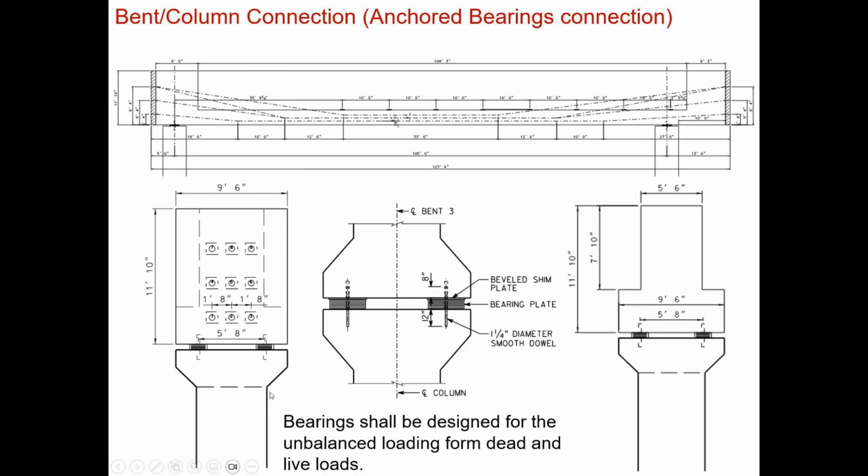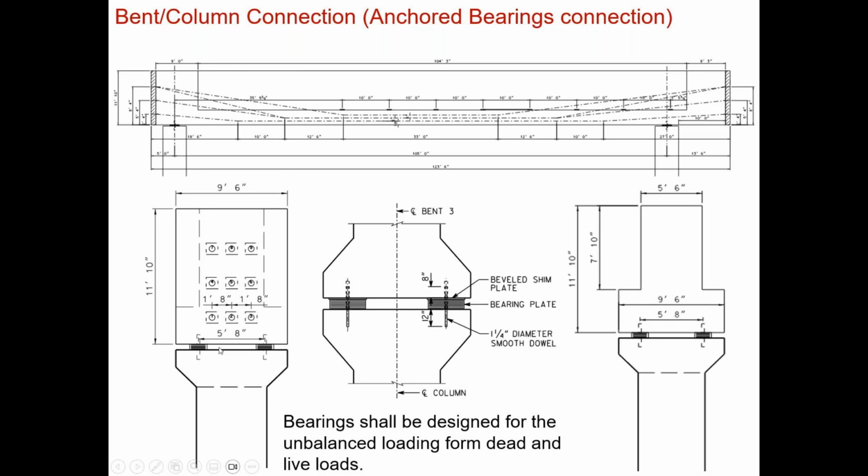So this is a way that you can transform the torsional moment on the cap into forces, and those forces are transferred to the column to make the out-of-plane bending on the column.